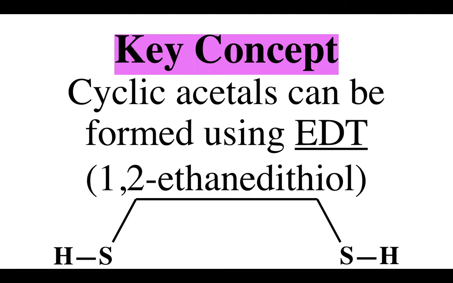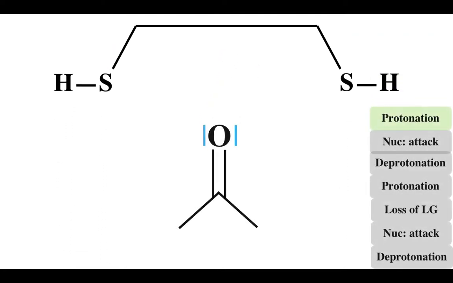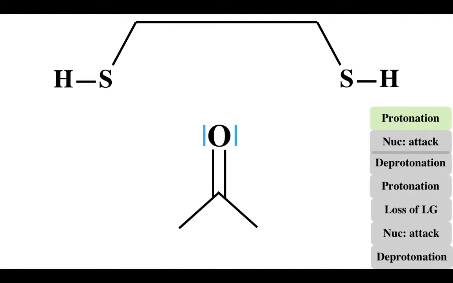So let me show you all, once again, the mechanism. It's the same as our ethylene glycol mechanism. Always, we start with protonation to activate our carbonyl group. So EDT will donate one of its protons to our carbonyl group to activate it and create a positive formal charge on the oxygen that will cause the electrons of the double bond to move closer to it, therefore creating a positive center.